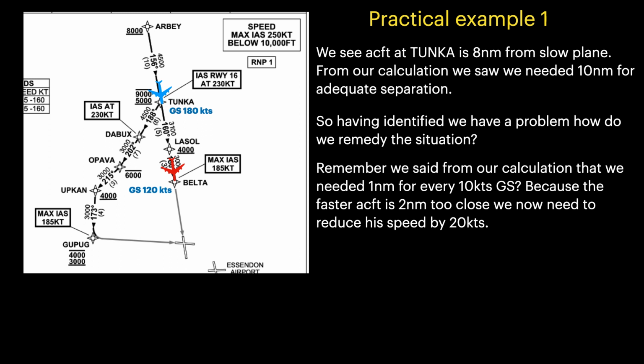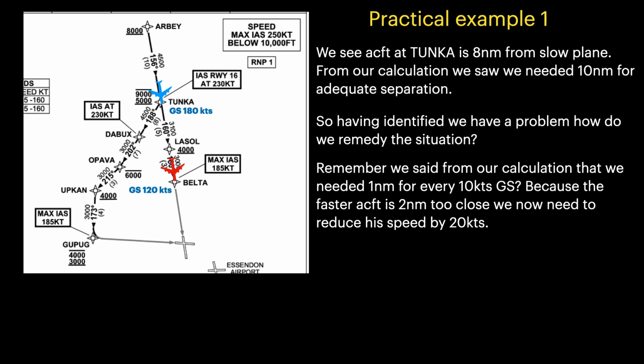Because the faster aircraft is 2 nautical miles too close, he's at 8 nautical miles and we said we needed 10, we now have to reduce his speed by 20 knots, because once again, for every 1 nautical mile, we need 10 knots of ground speed. If you remember that, we worked it out. So 12 over 12 is 1 nautical mile for every 10 knots.